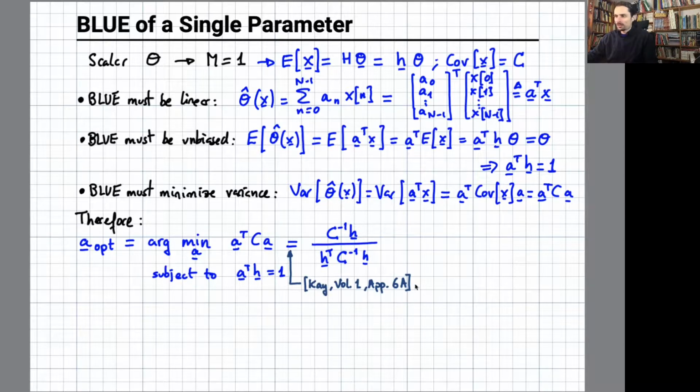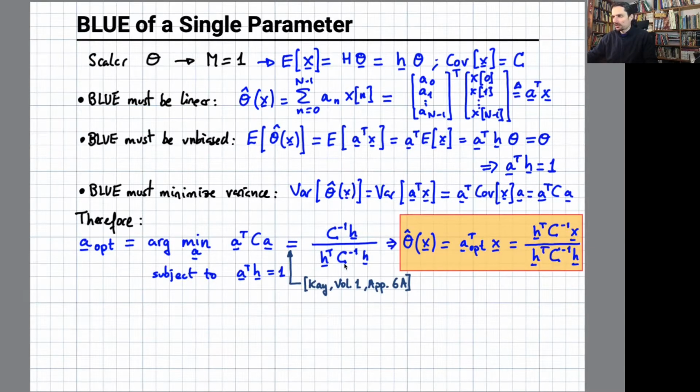You can find the proof in this reference. The solution will be given by this vector here. And just by substituting this here, we obtain our BLUE estimator. This is just H transpose C inverse X normalized by H transpose C inverse H. So it's not difficult to remember at all.